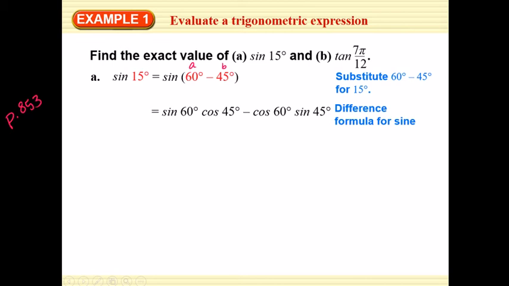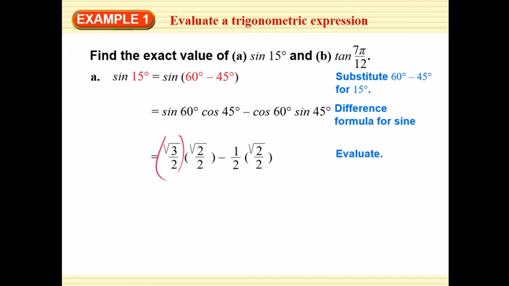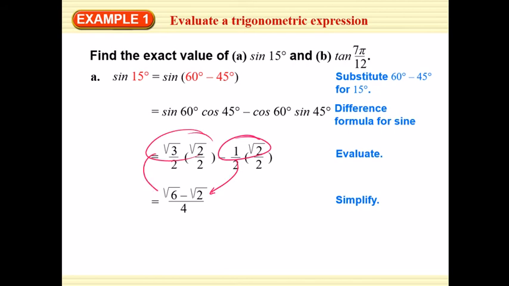So all I need to do is use a whole bunch of parentheses, which I would put around every single one of these, and then multiply and subtract. When I multiply, radical 3 times radical 2 is a radical 6, and then radical 2 times 1 is just radical 2. And then in the denominator, they do end up with a common denominator, which is fantastic.